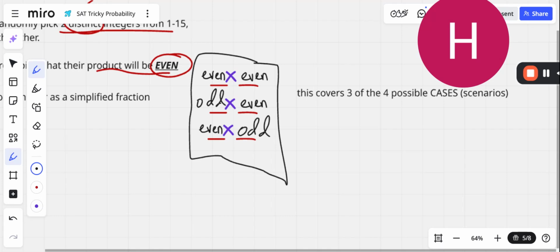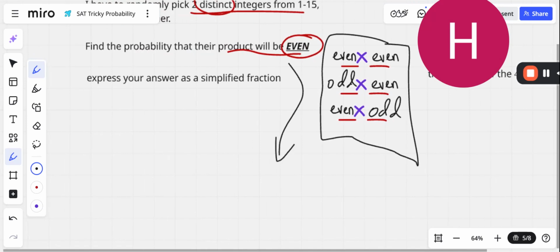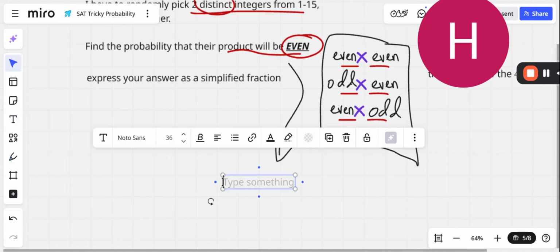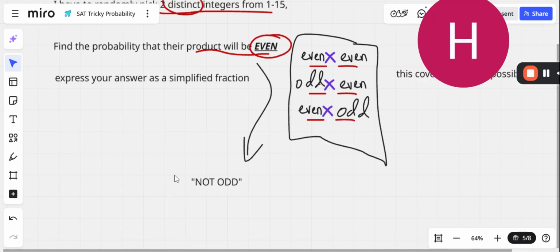So if we want the product to be even, another way of interpreting this is that we want the product to be not odd. And we don't have to worry about 0 because none of the numbers are 0. But technically 0, I don't know, is 0 even or 0 neither even nor odd? It's definitely not odd, right? But is it even?